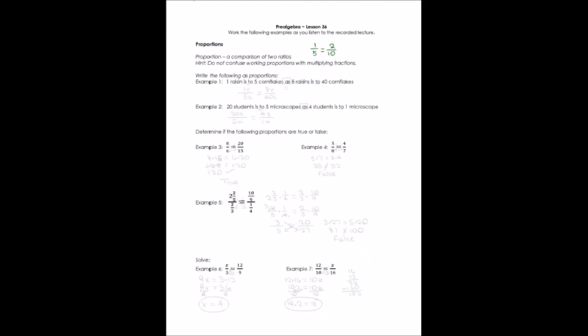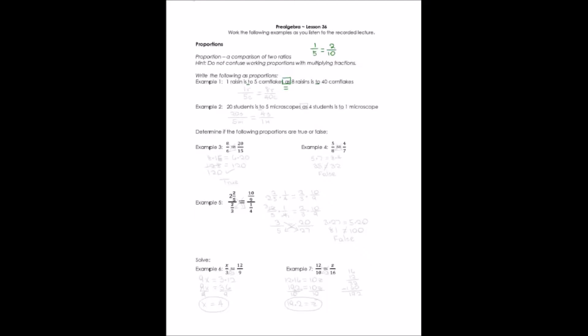First example says 1 raisin is to 5 cornflakes as 8 raisins is to 40 cornflakes. Now, the words you're looking for are the words "to" and the word "as", because these are separating. "As" is separating our two ratios. "As" is going to be equal, and "to" is going to be our dividing line between our two numbers in the ratio.